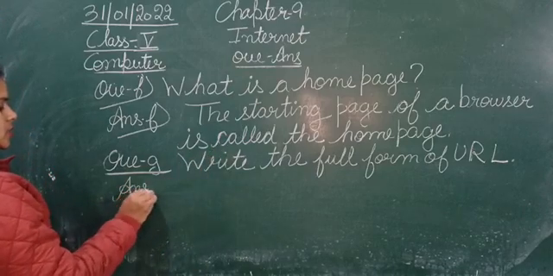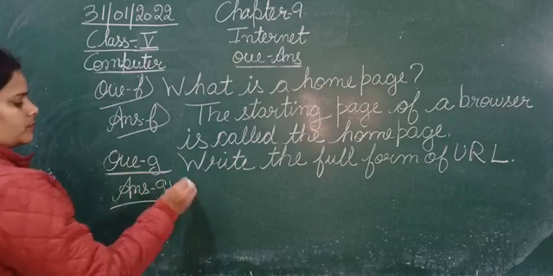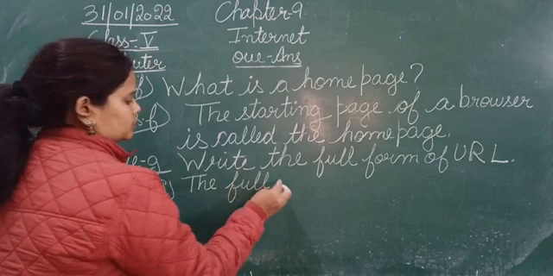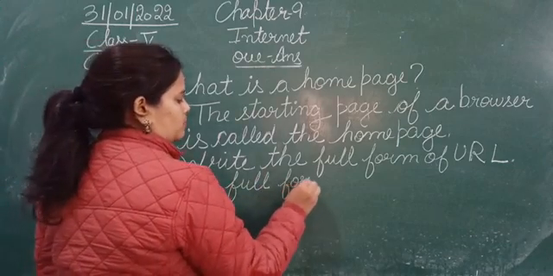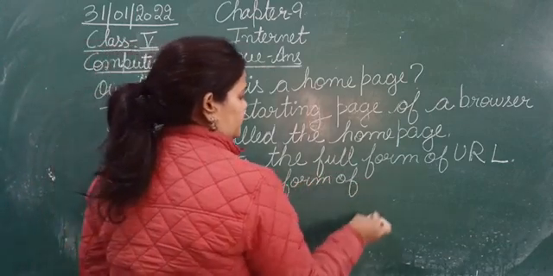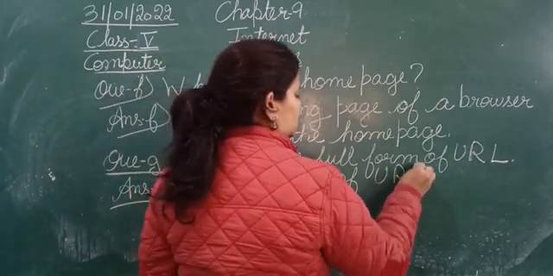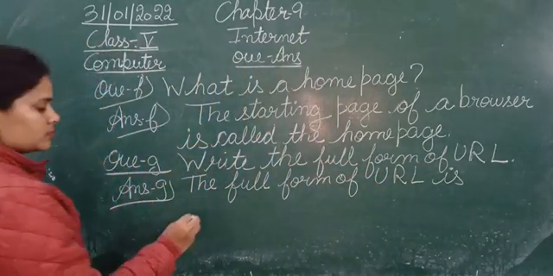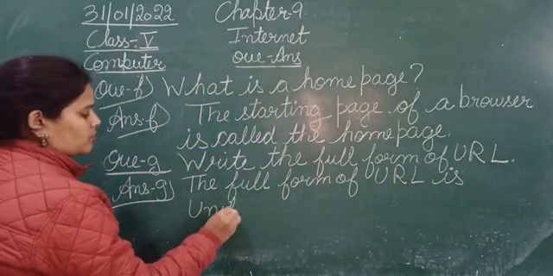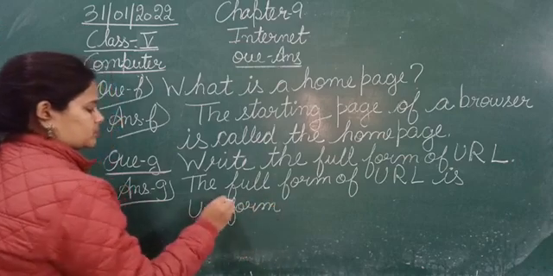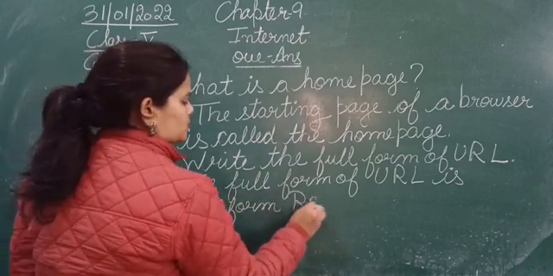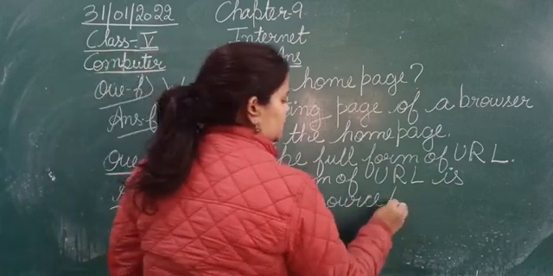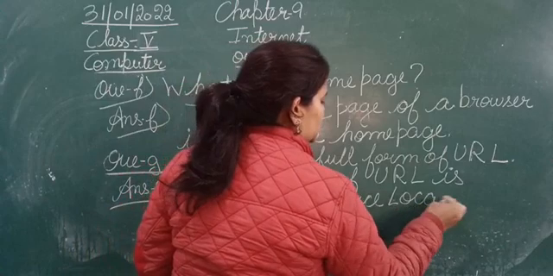So the answer number G is, the full form of URL is Uniform Resource Locator.